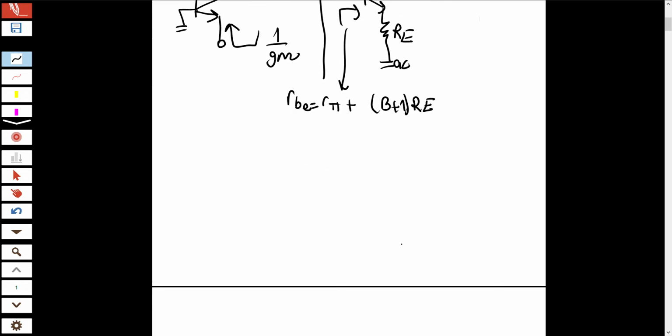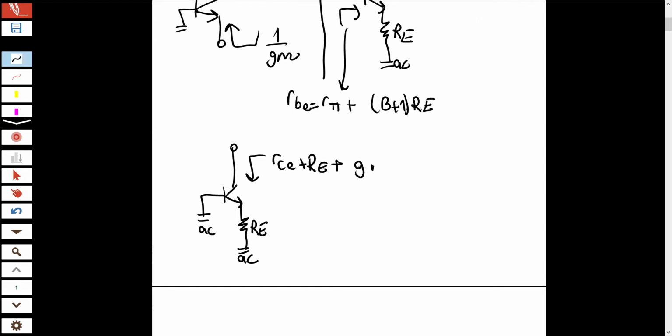Okay, the last one is about BJT. What you see from here is r_o plus R_E plus gm r_o times R_E.